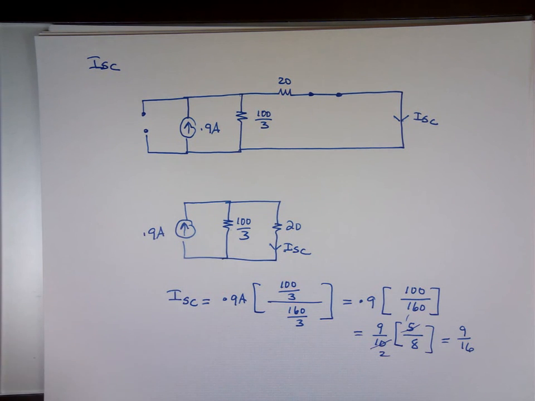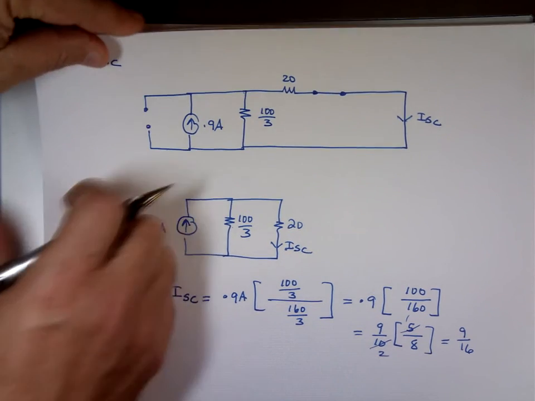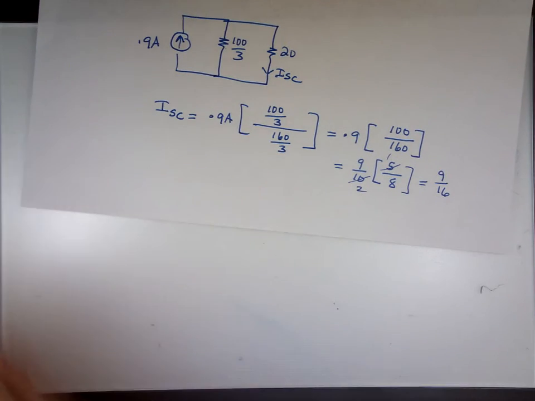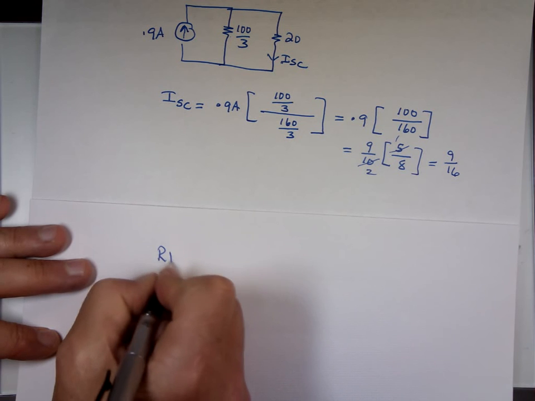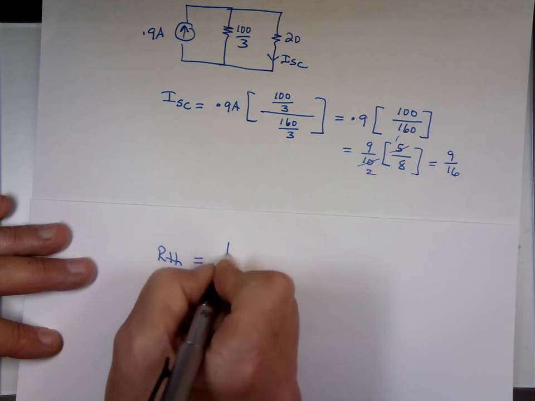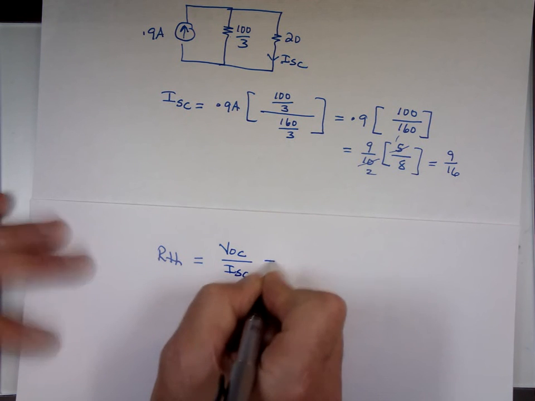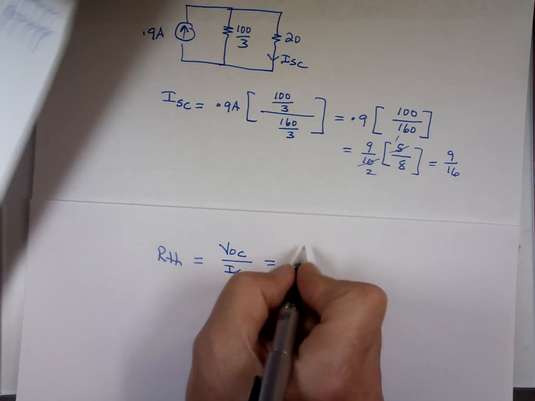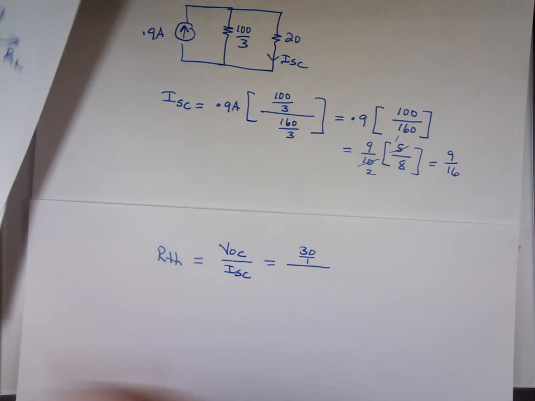If you have a calculator, go ahead and make life easy. Now, can I find what R Thevenin is for that circuit? So my R Thevenin is equal to V open circuit divided by I short circuit. We said our V open circuit was 30, that's 30/1, divided by I short circuit, which is 9/16.